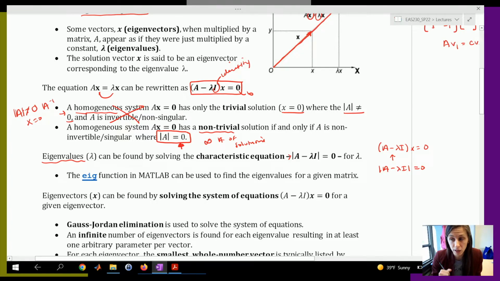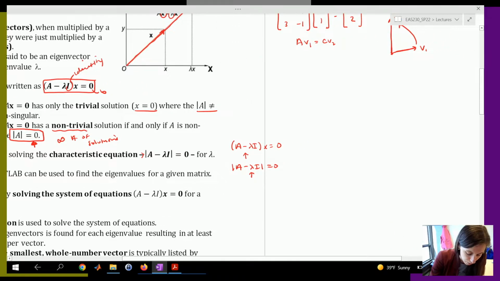What happens is I end up with my unknown, which is lambda: one equation, one unknown. I can solve for my lambdas. When we do this, we generally end up with a cubic polynomial, not always, so it is a little more challenging to factor, but we do end up with our individual lambda values.